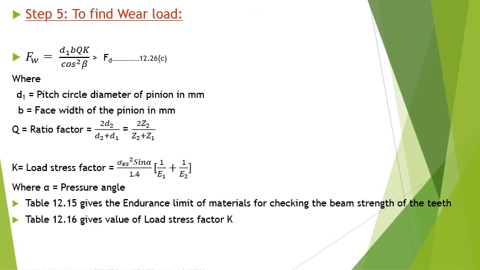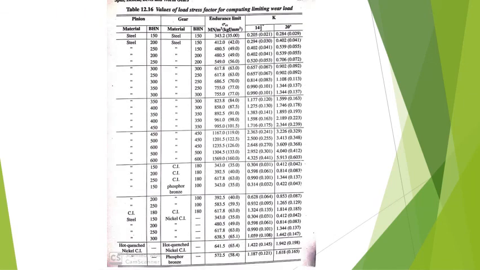So we can refer to the tables for finding out the load stress factor K, and we have one more table, 12.15, which gives the value of the endurance limit for checking the beam strength of the teeth. So for the design to be safe, the wear load should be greater than the dynamic load. From table 12.16 we can find out the value of K for the given pair of materials as well as the endurance limit.